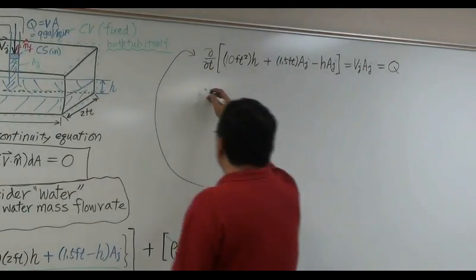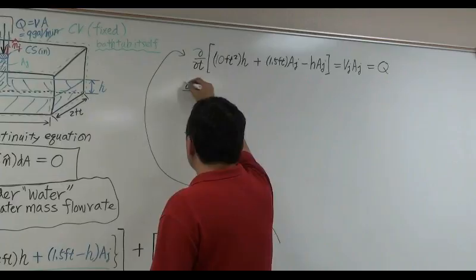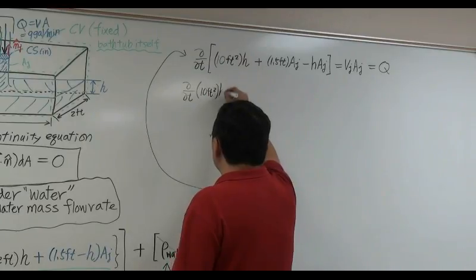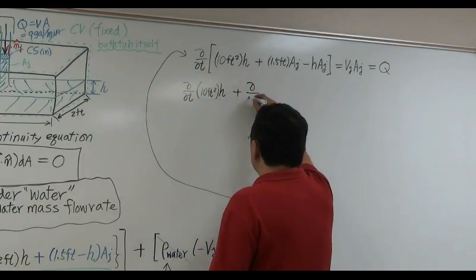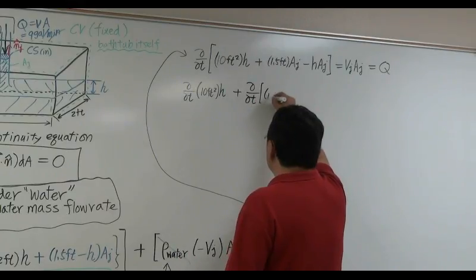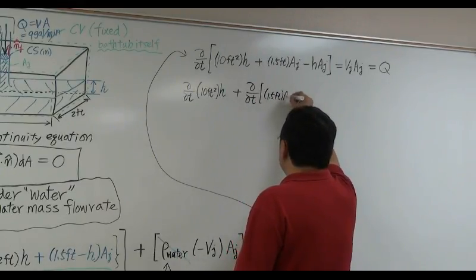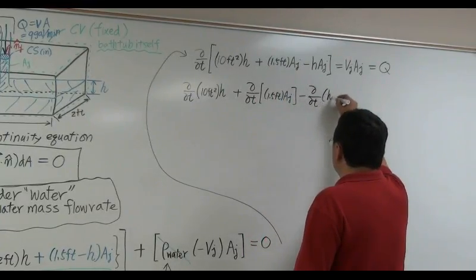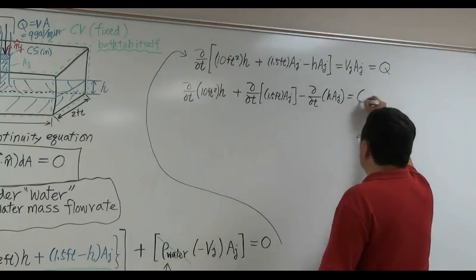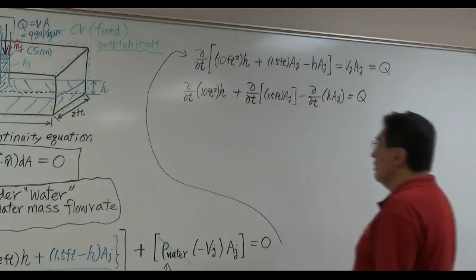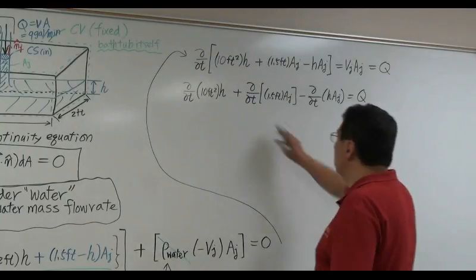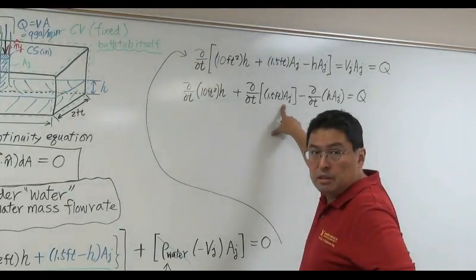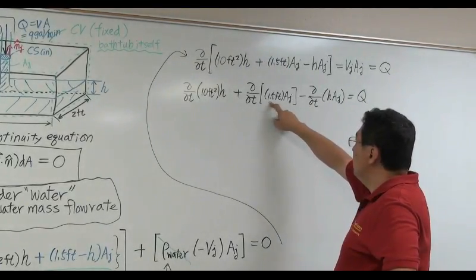So let's do a little bit more. This is d/dt of 10 feet square times h, plus d/dt of 1.5 feet times A_j, minus d/dt of h times A_j, equal to Q. First of all, in this middle term, A_j is the cross-section area, which is constant. 1.5 feet is also a constant value.